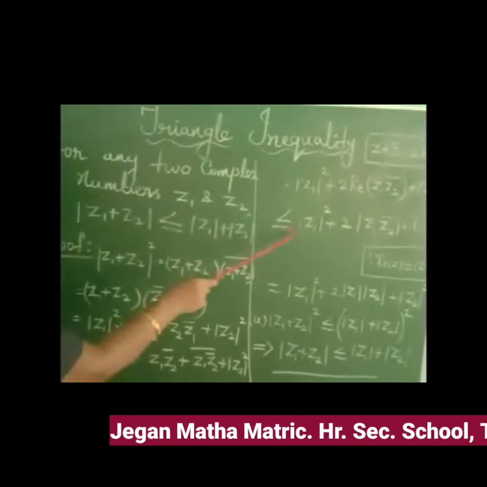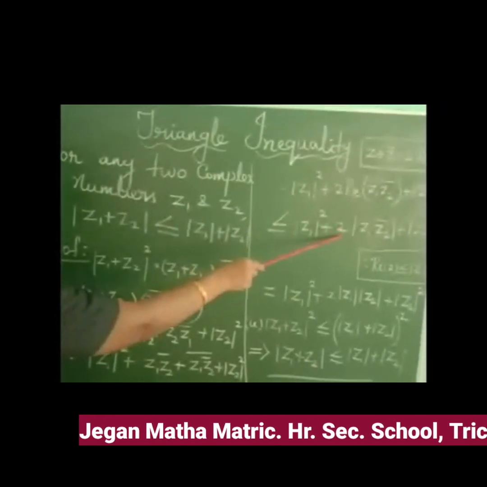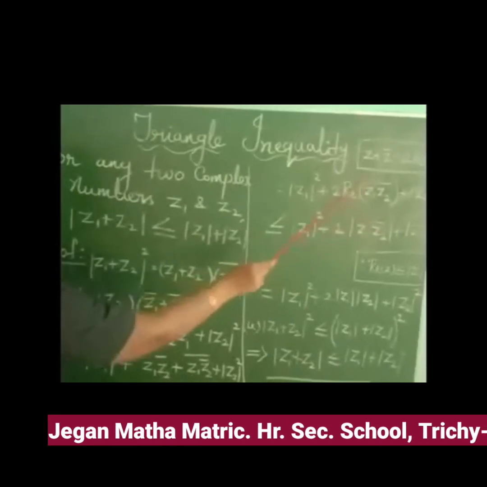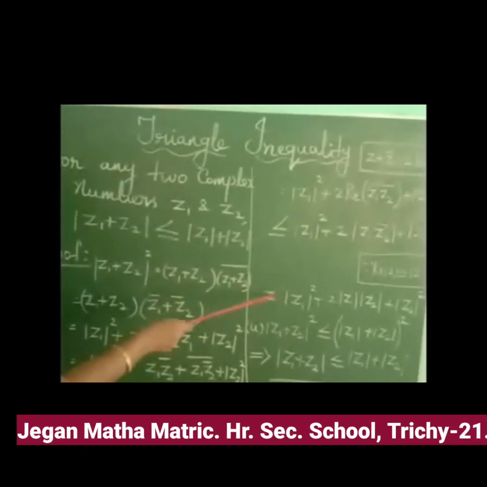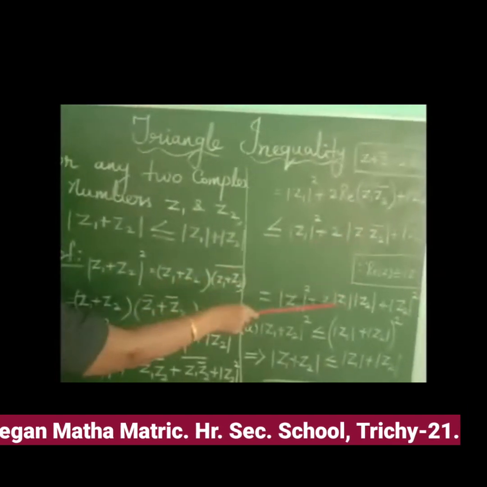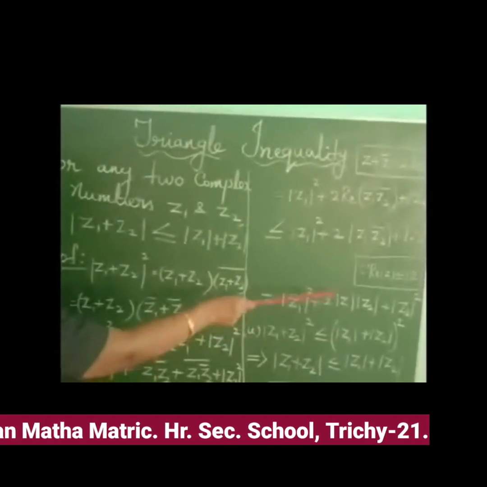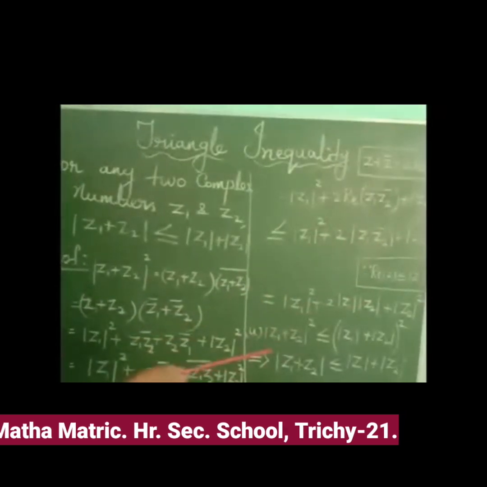So we get the result: modulus of z1 square plus 2 times modulus of z1 into z2 bar plus modulus of z2 square. Again, this modulus we can split: modulus of z1 square plus 2 times modulus of z1 into modulus of z2.